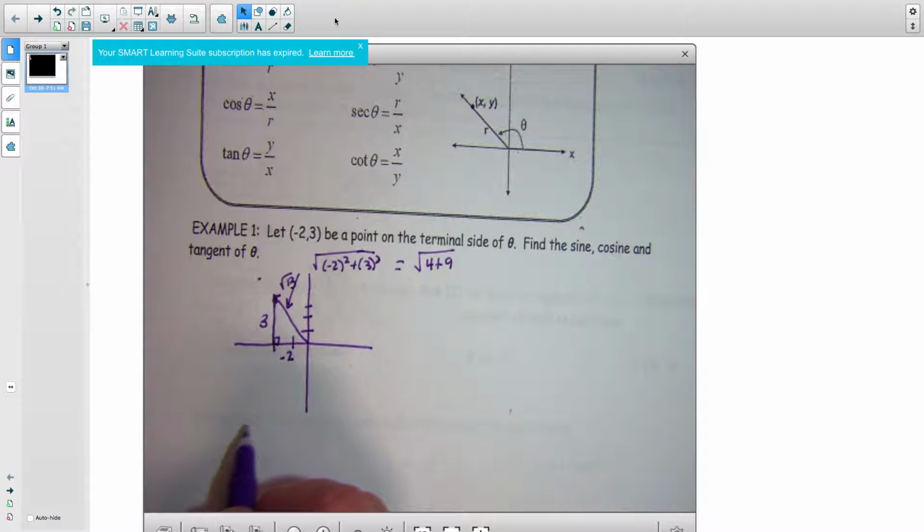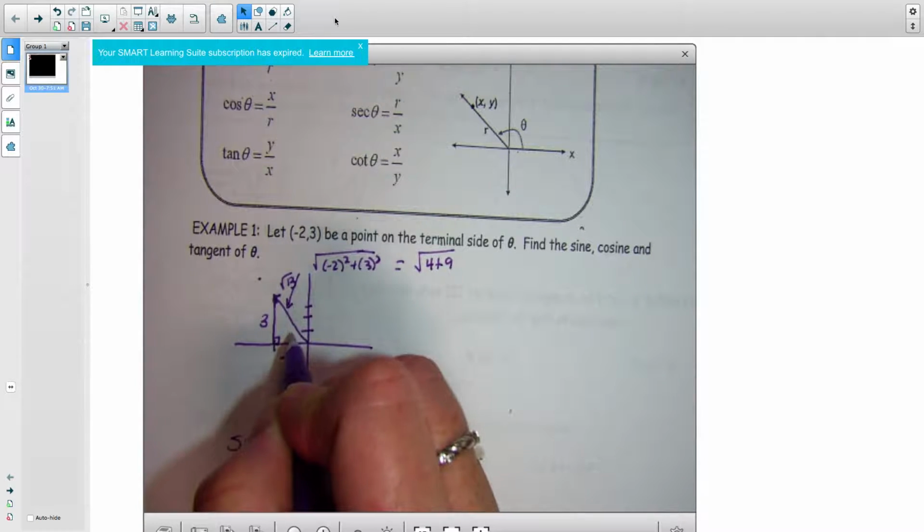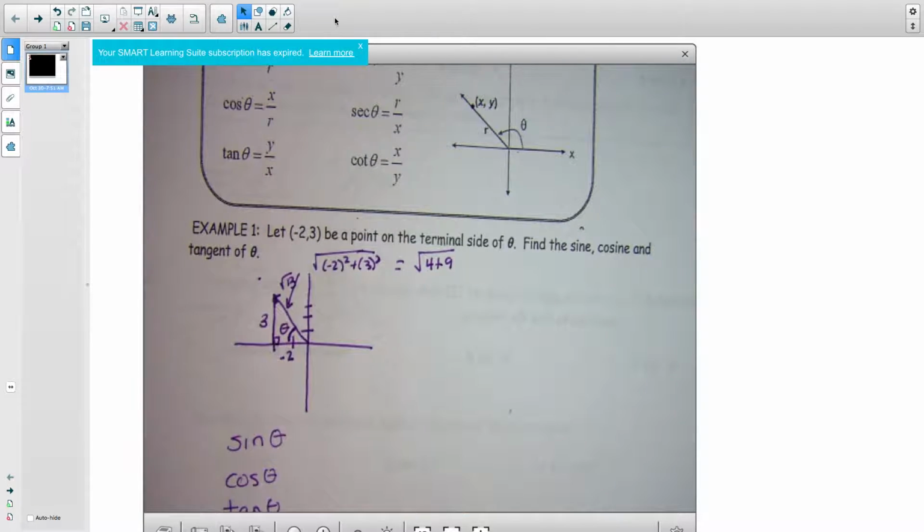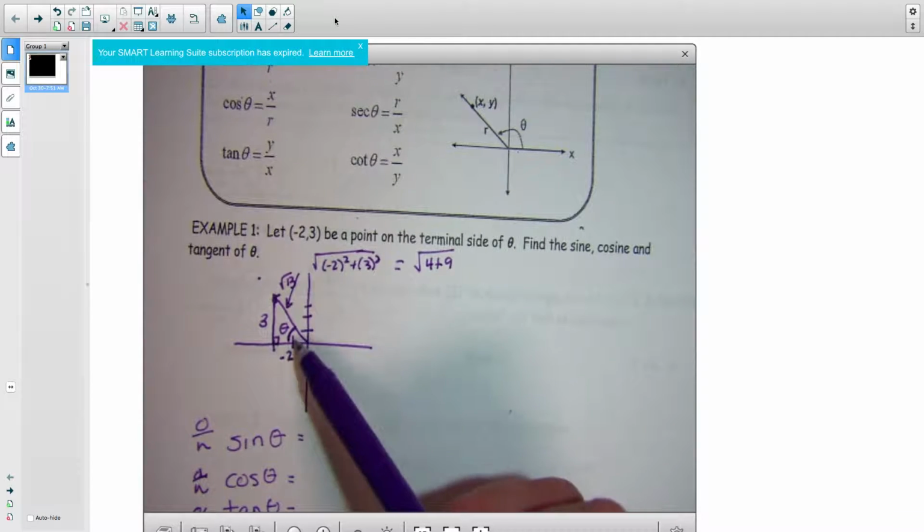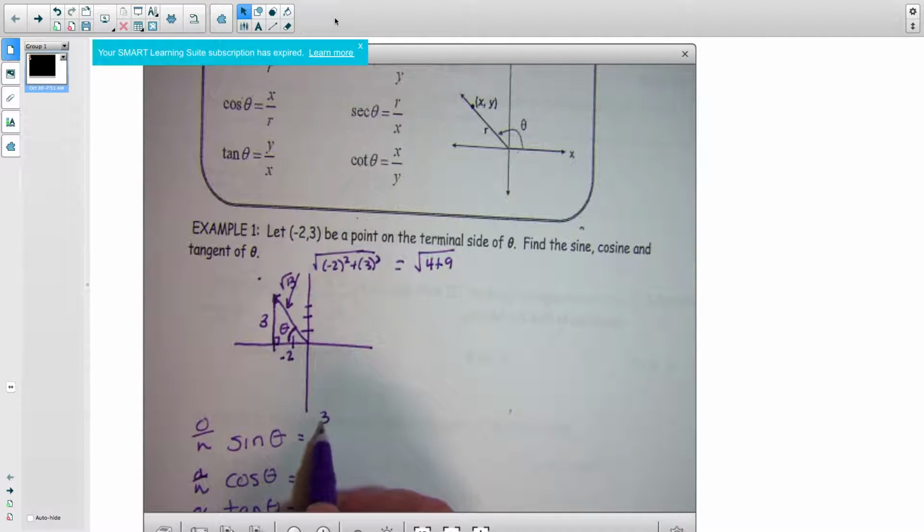They ask us to find sine, cosine, and tangent. Our theta is right here. Sine is opposite over hypotenuse, 3 over square root 13.